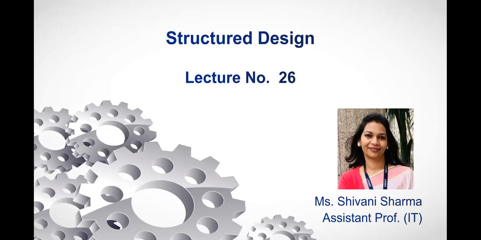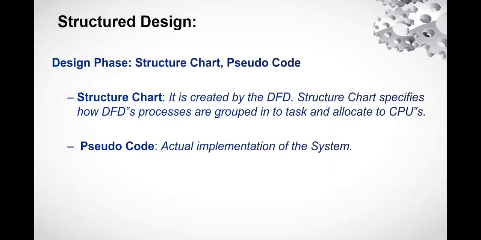Now we come to structured design. As I told you in the earlier session, in the design phase we have two types of diagrammatic notations. We have already understood why we use structured design.